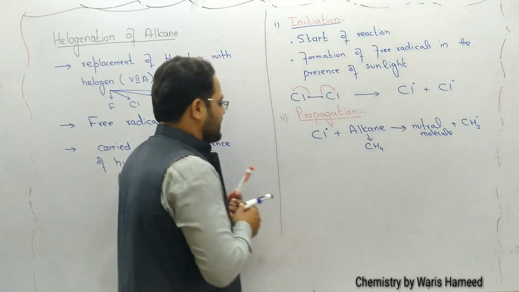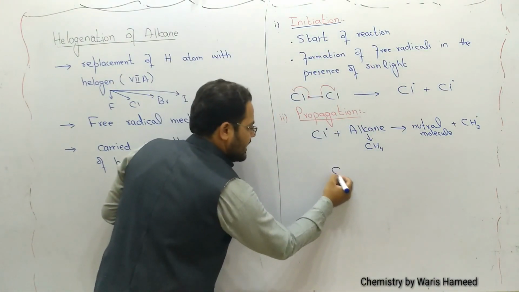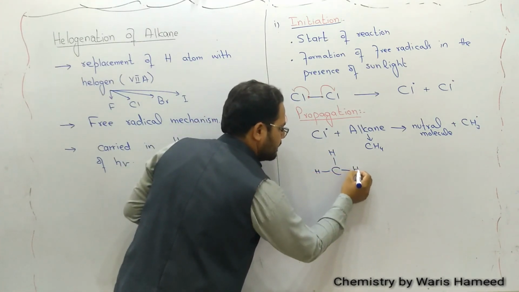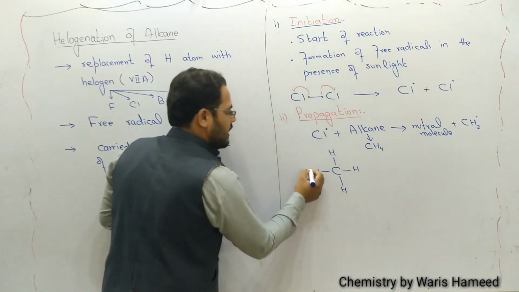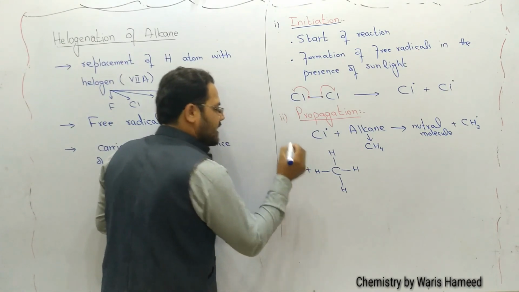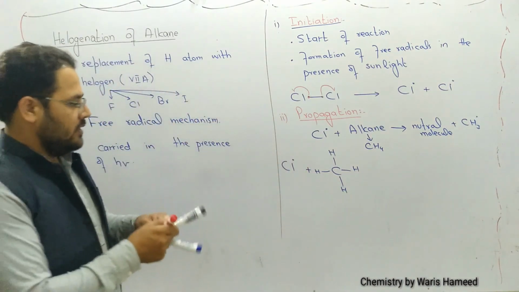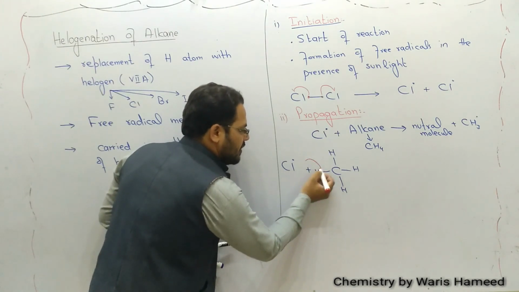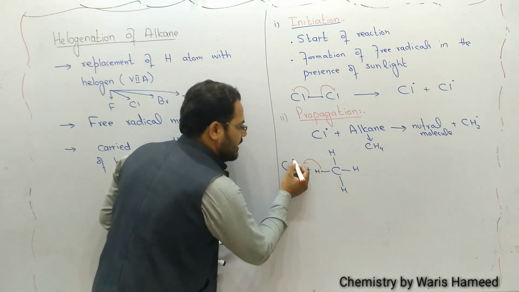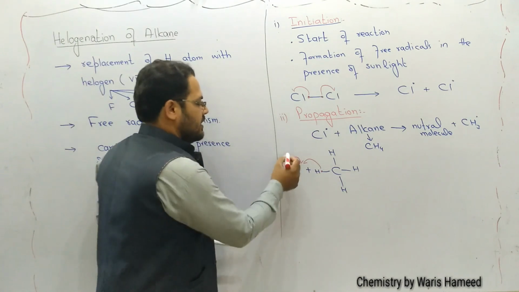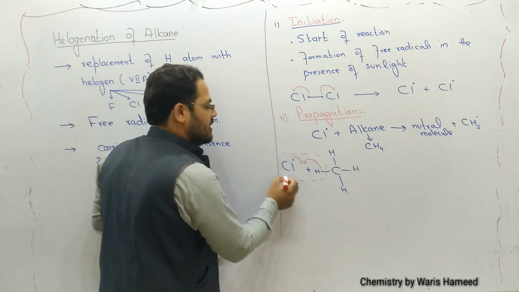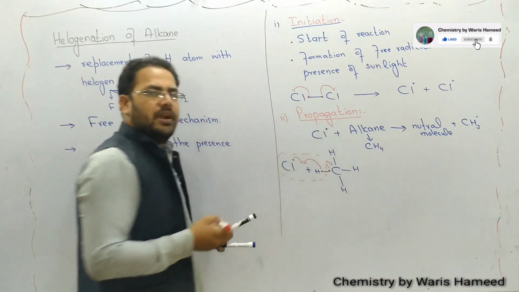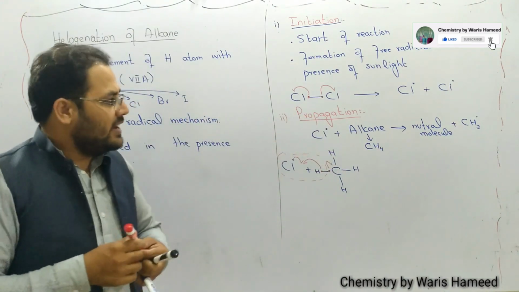Now its general reaction. Here is methane, and I am going to react chlorine radical with methane. One electron of this bond will move toward here and this electron will be here. There will be the formation of HCl, and this bond will come on the carbon atom forming methyl radical.